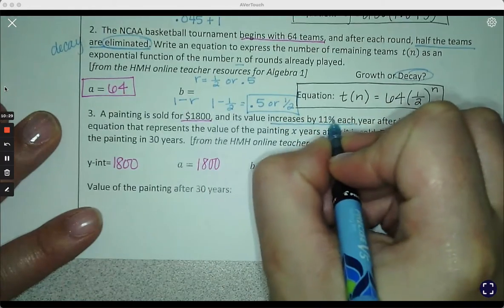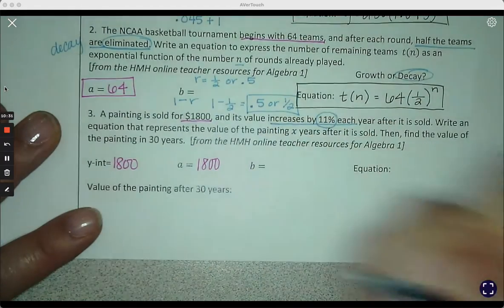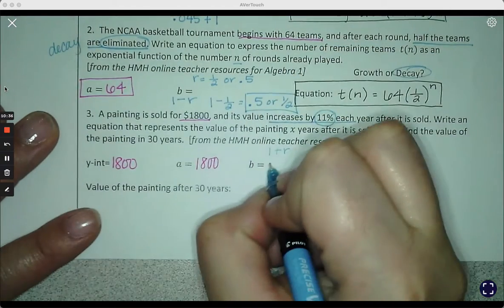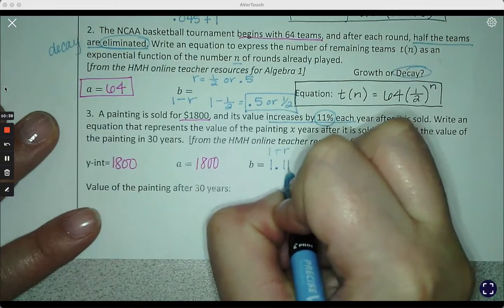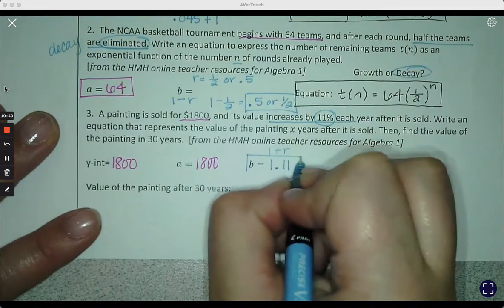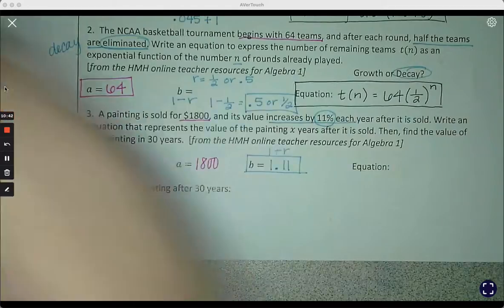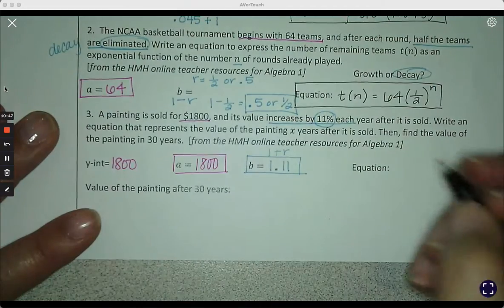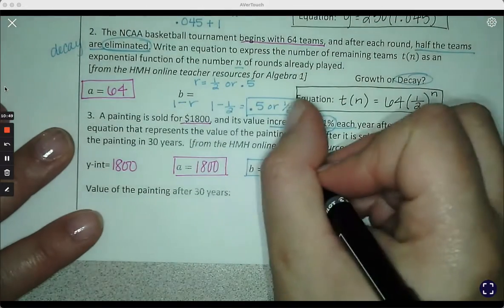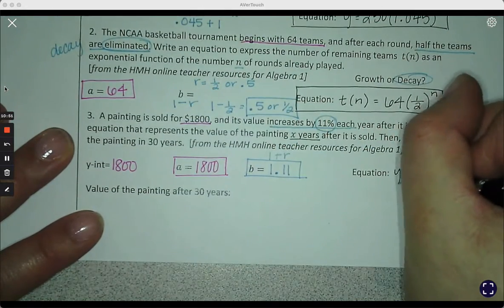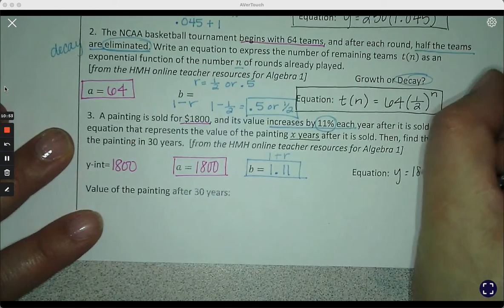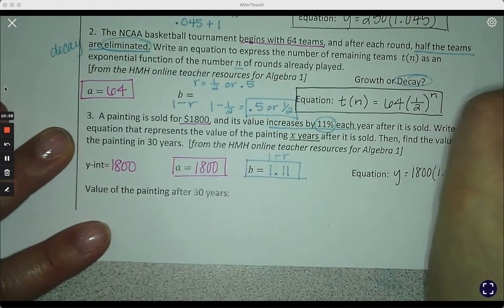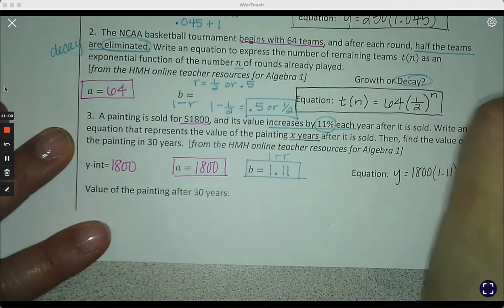Increases by 11%. Increases, so we have a growth, 1 plus R, so 1.11. So there's B. Here's A. So my equation, find the value, X years, so Y equals A times B to the X power.